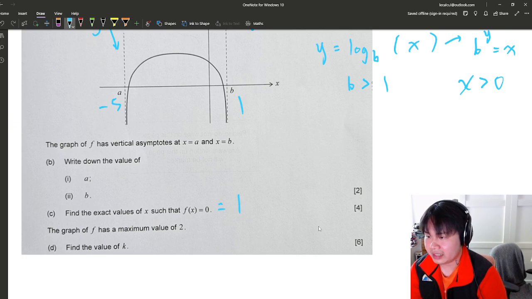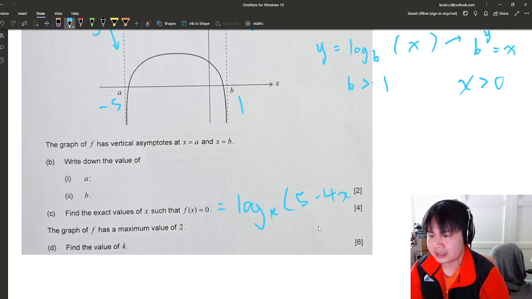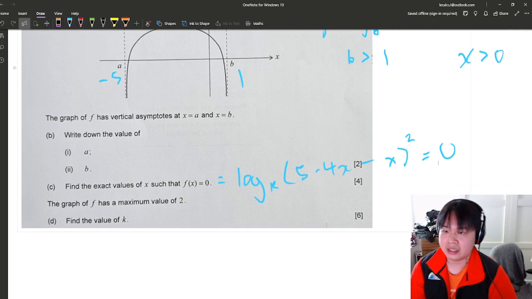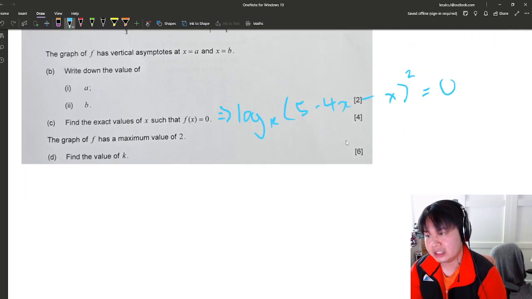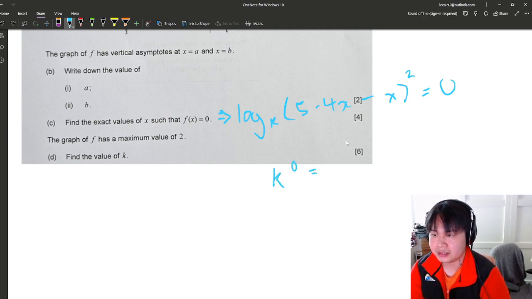Right, so they're saying that log k of 5 minus 4x minus x squared is equal to 0. Usually we solve a log equation by changing it into exponential form. So this is saying that k to the power 0 is equal to 5 minus 4x minus x squared.